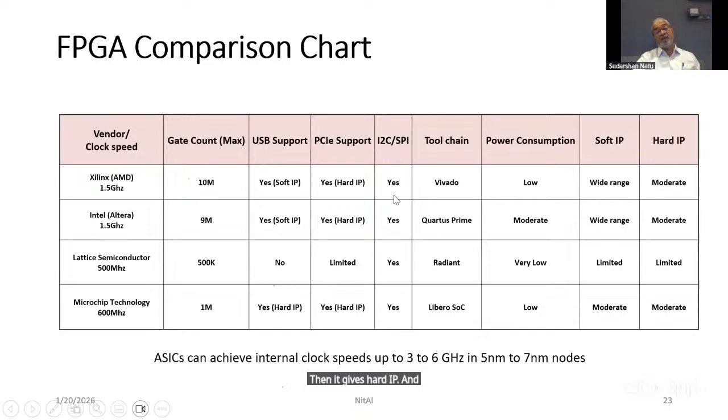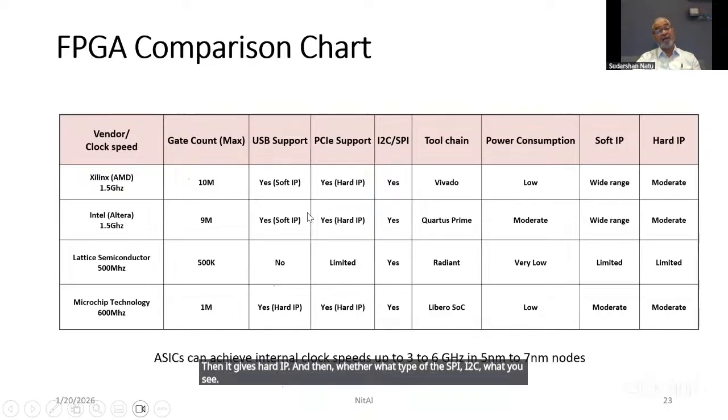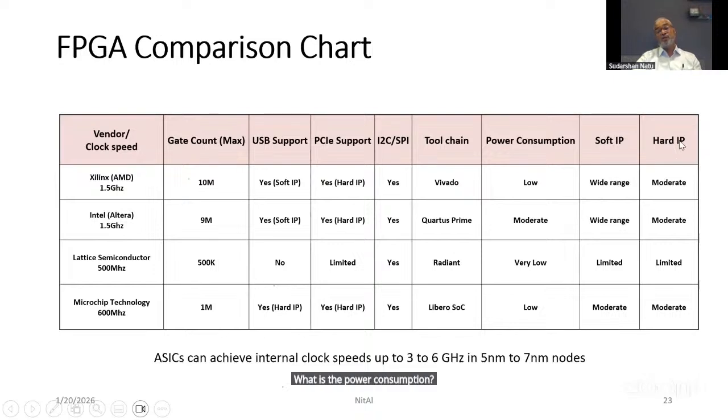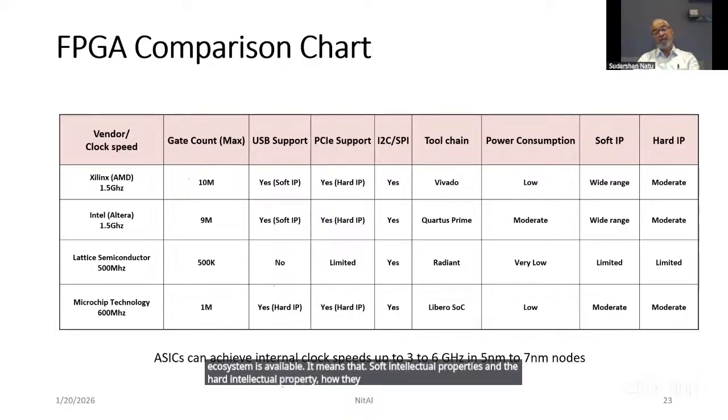And then what type of SPI, I2C, what you see in your microcontrollers, are they available? Which particular tool chain is available? What is the power consumption? And what kind of ecosystem is available? How the soft intellectual property and the hard intellectual property are available, one has to actually see.